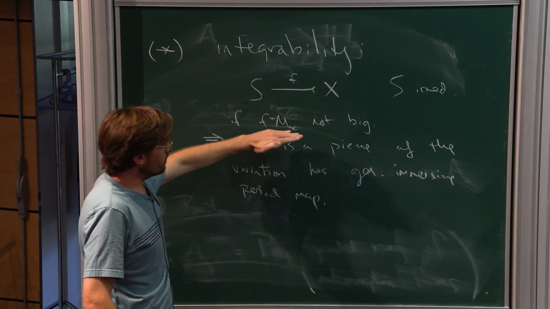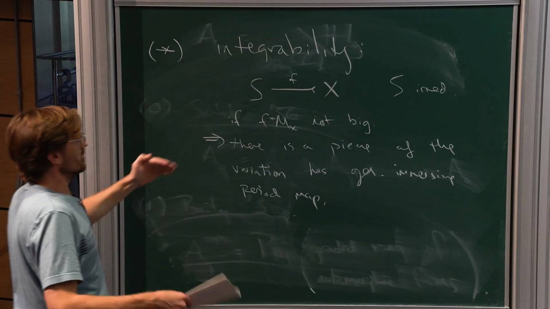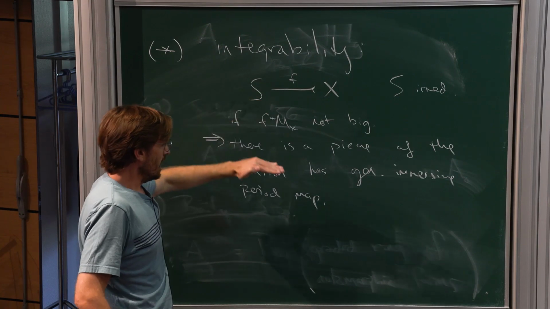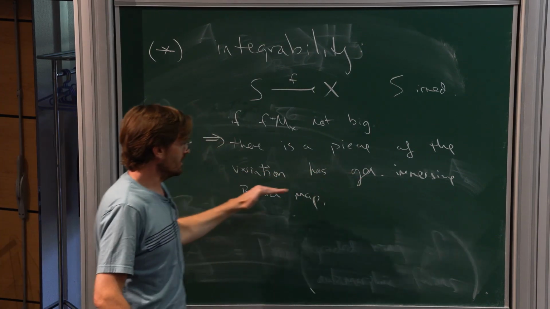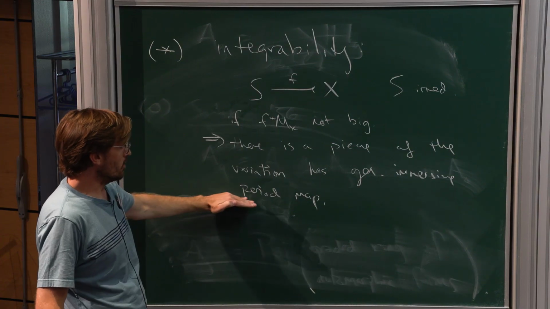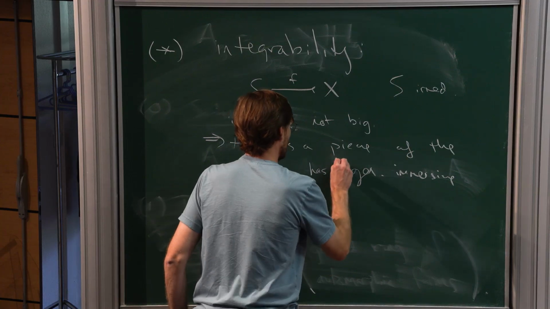Because this not being big tells you in some sense that there are transcendental leaves along which the variation is trivial. And the fact that there's an actual piece of the variation which has generically immersive period map matters.